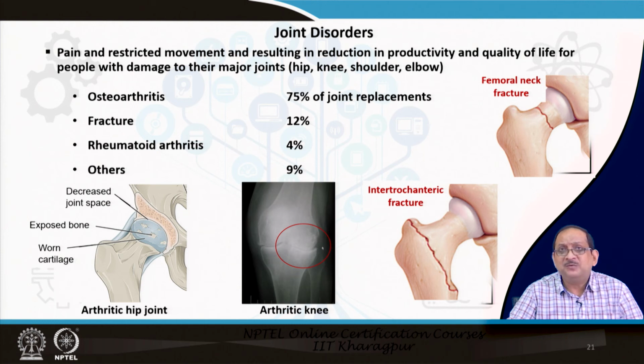In the arthritic knee, here in the picture, one condyle of the femur is seen to be almost fused with the tibia, and the space between the two bones is decreased as compared to the other part of the joint.